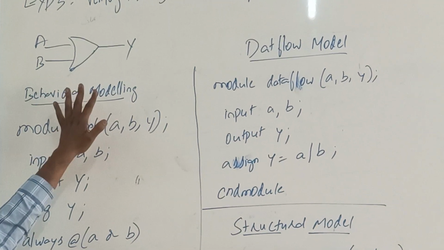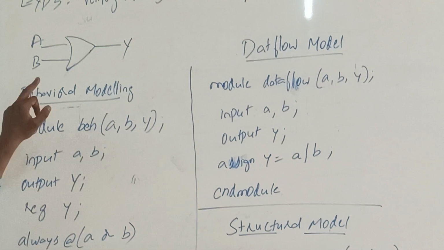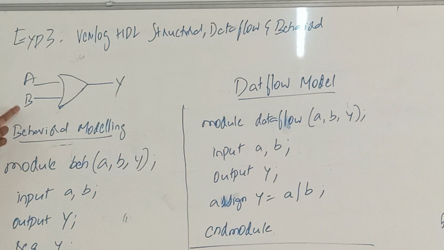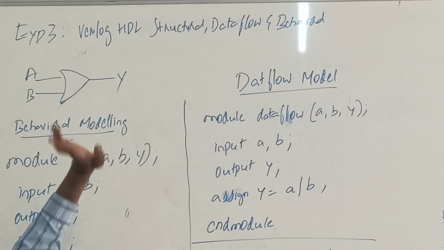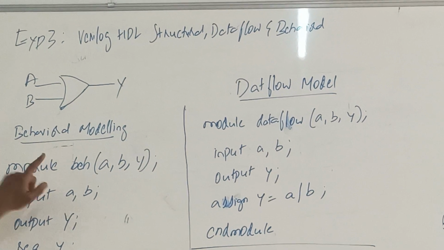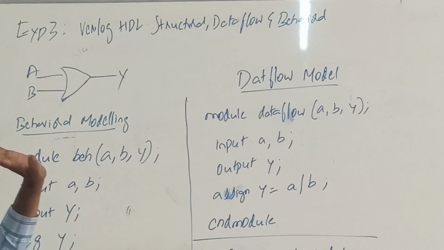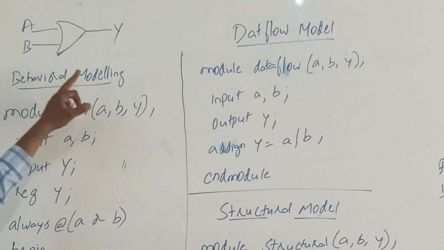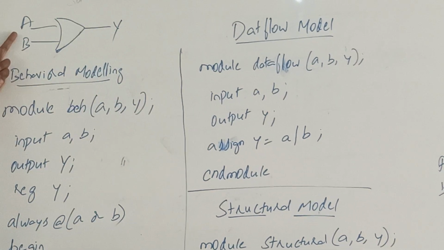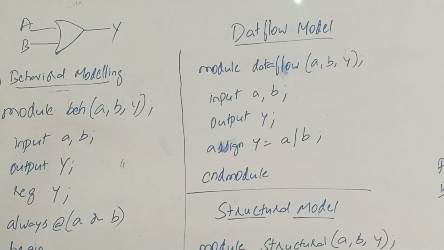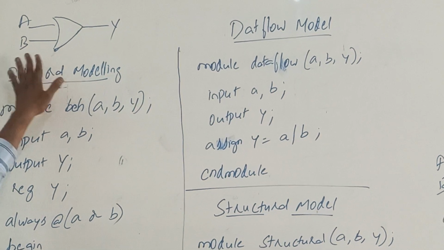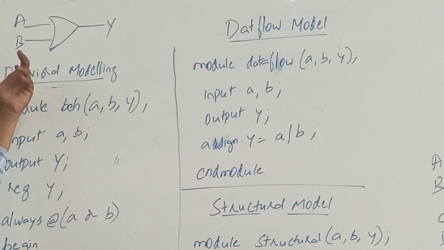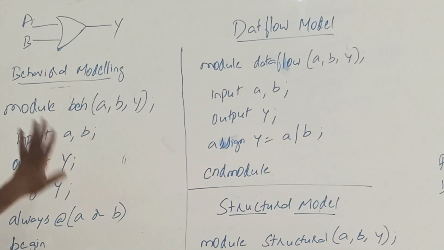This is the OR gate with two inputs A, B and the output Y. First I will write the behavioral model. The behavioral model acts based on the changes in the inputs A and B. When A and B change, obviously my output also changes.